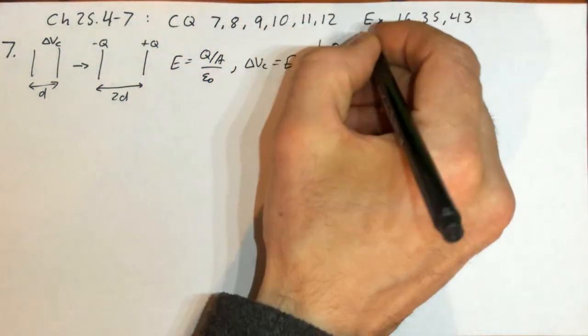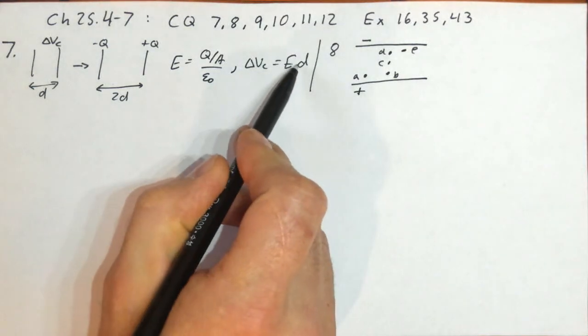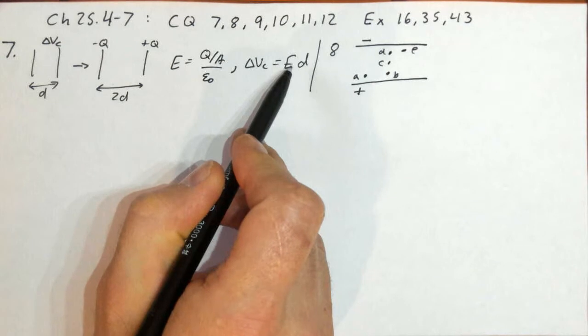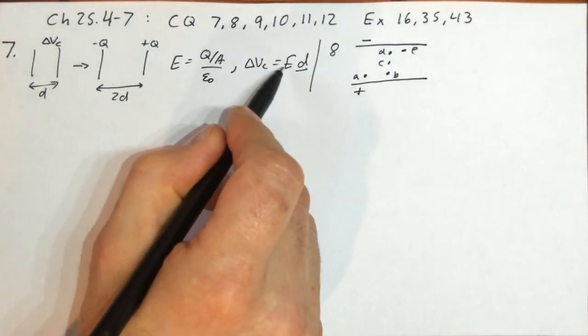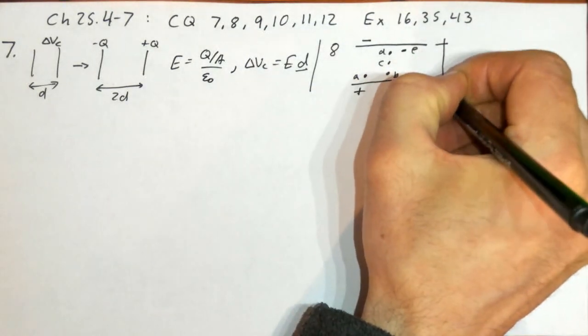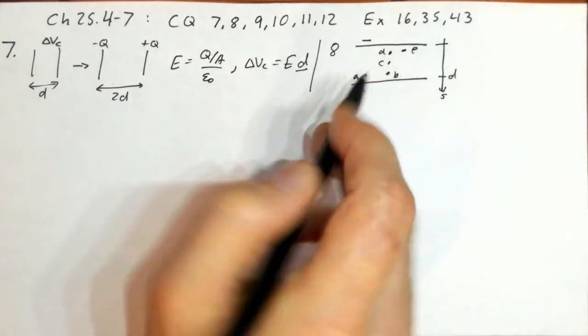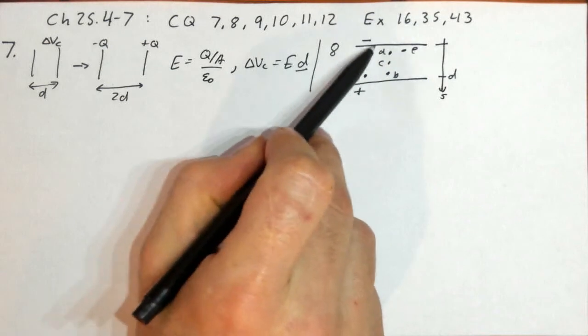Our diagram shows that the top plate is the negatively charged plate, and the bottom is the positively charged plate. So what does potential inside a capacitor depend on? It depends on the electric field and how far away you are from the negative plate. The gap is D, so the potential difference across the capacitor is E times the total gap. But the potential difference inside the capacitor depends on how far away you are from the negative plate.